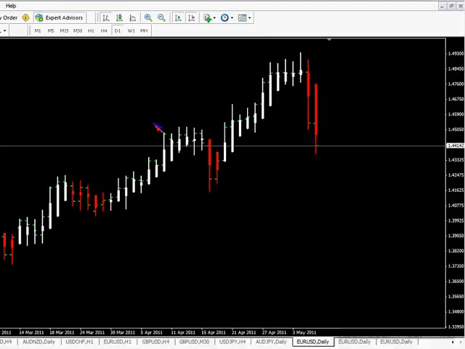So this helps us to get a clearer picture of what's going on in the market and to make a more informed trading decision, right? We're going to take a trading decision based on more objective data. That's what's interesting about this candle.